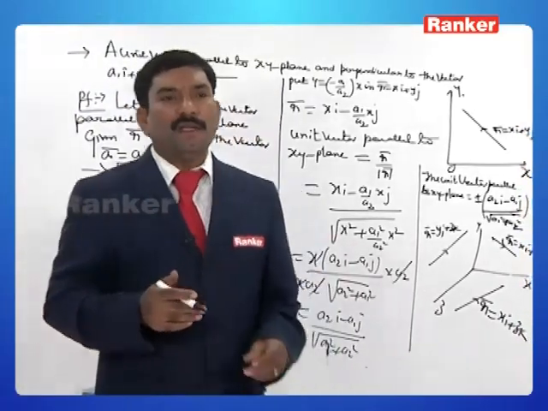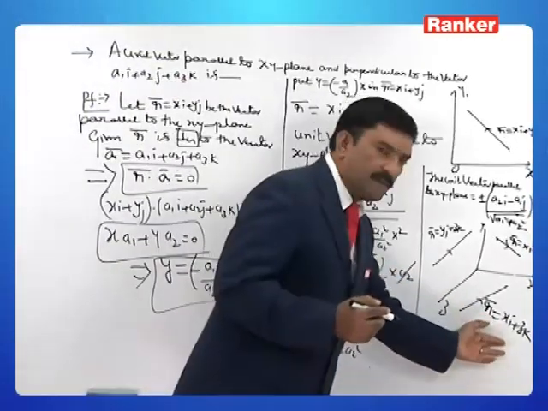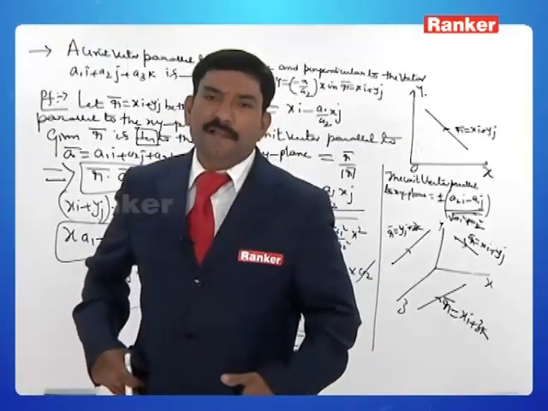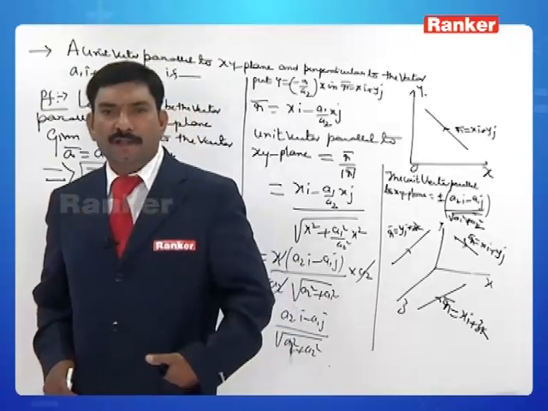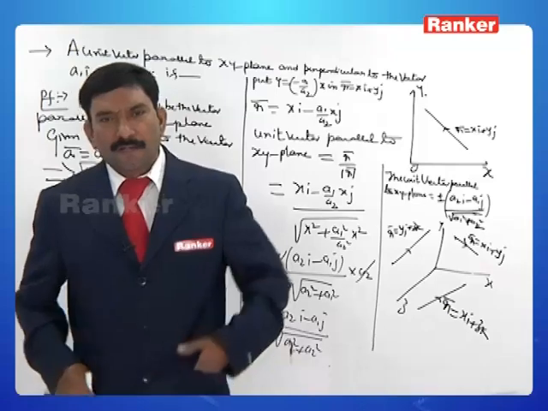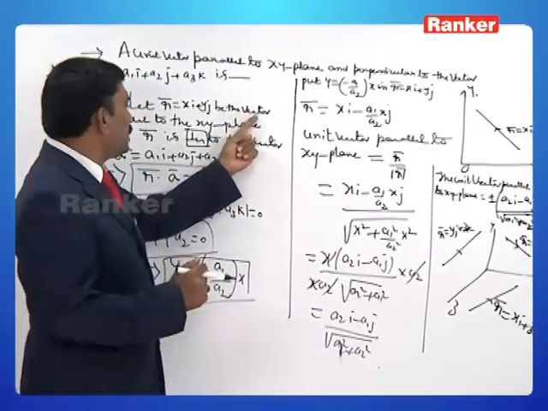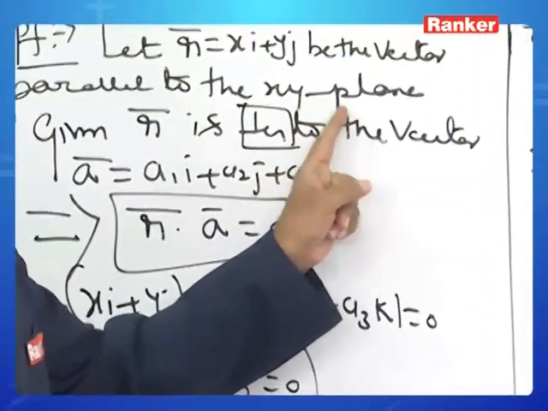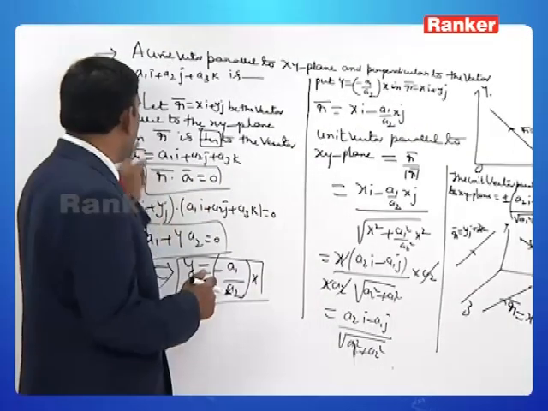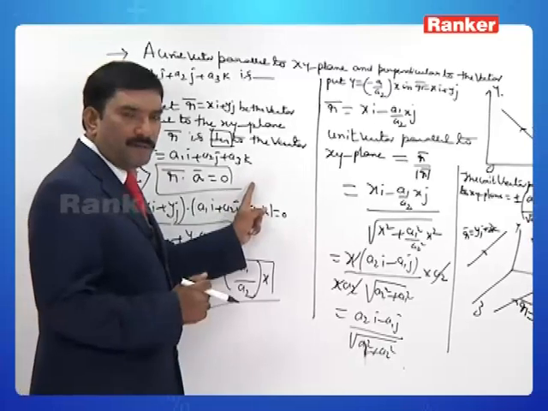Similarly, parallel to zx plane. Let us consider r bar is equal to xi plus zk, the vector parallel to zx plane. Given r bar is perpendicular to a bar, r bar dot a bar is equal to 0.